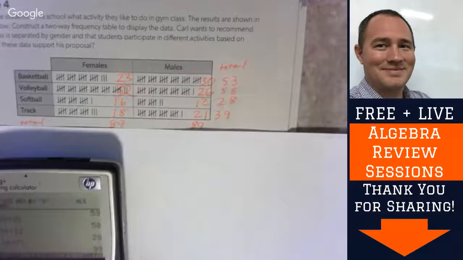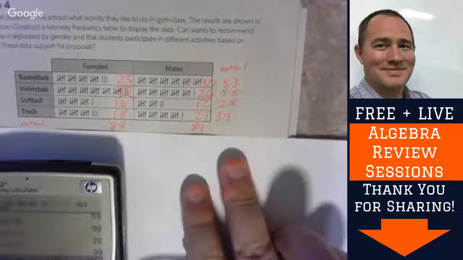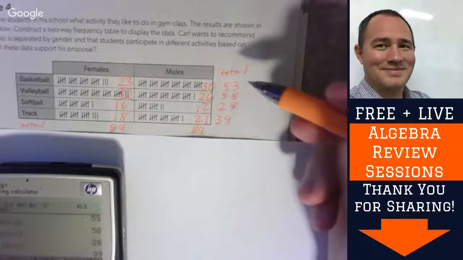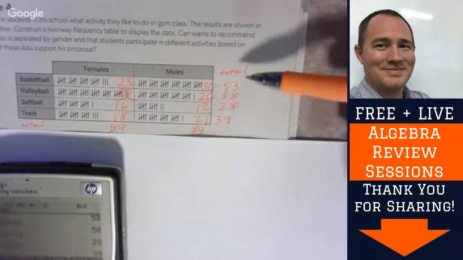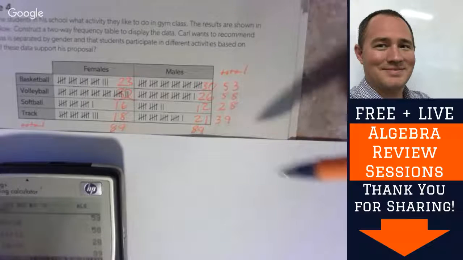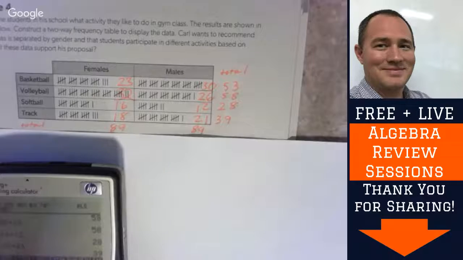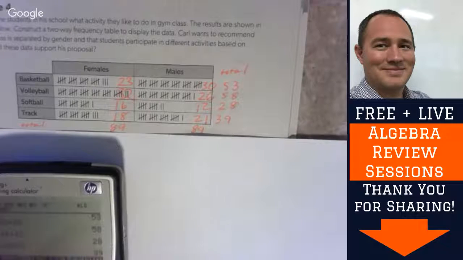Okay, so what do you think the total is if we add these up? If you recall from yesterday, the total if we add these vertically should equal the total if we add the totals horizontally, and that's the total number of people that were in the survey.